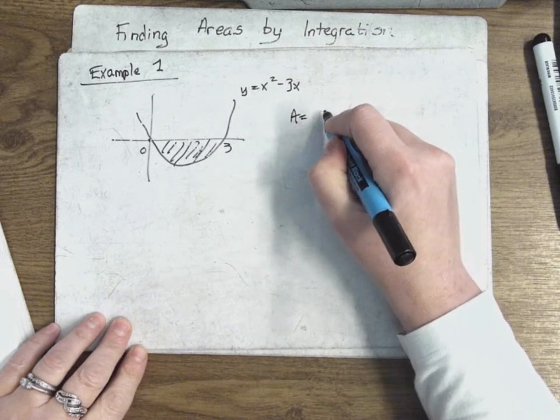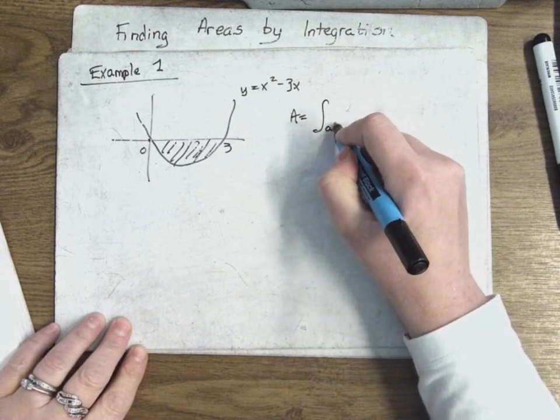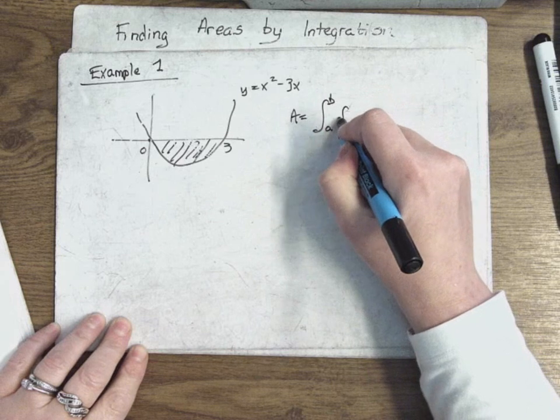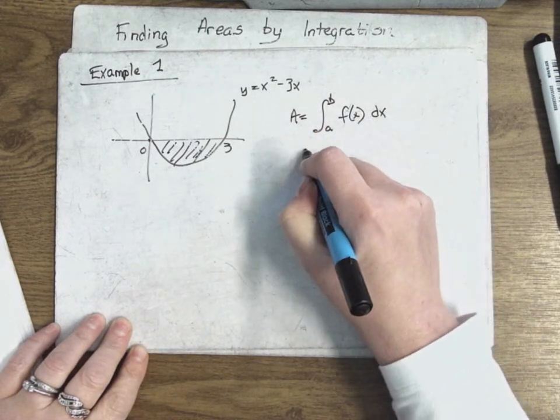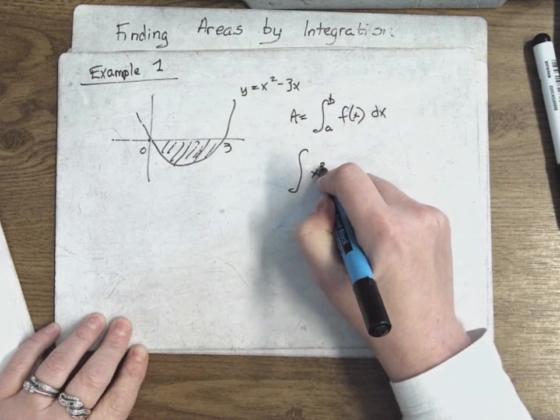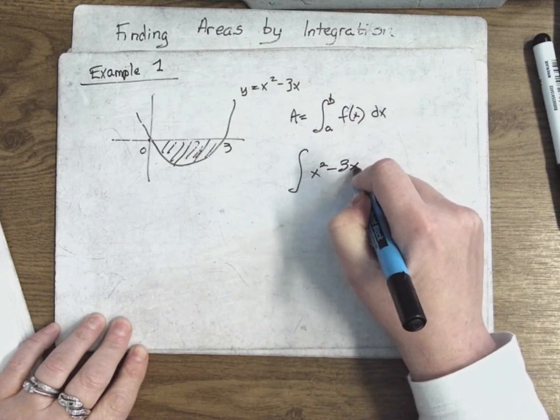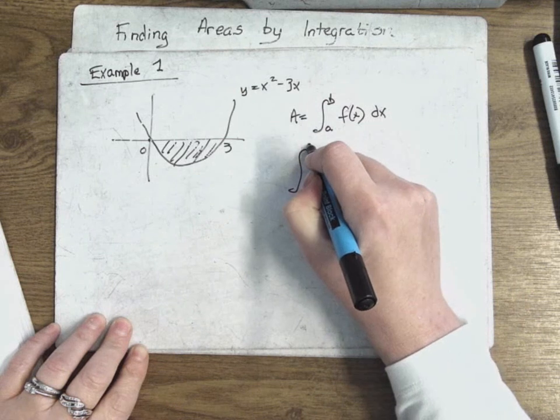So the area is the integral from a to b of f of x dx. That means I have to integrate x squared minus 3x between a is 0 and b is 3.